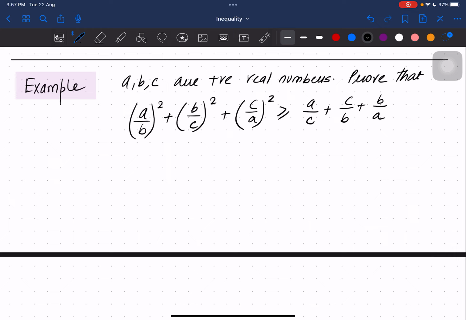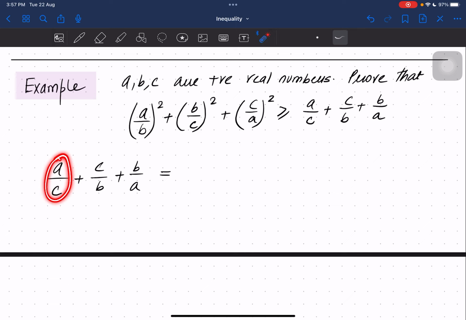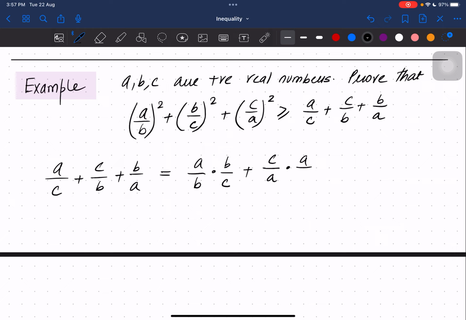So what I can do is, if I start with the right hand side, because that will be the left hand side of the Cauchy-Schwarz inequality, I can multiply up and down by b here, up and down by a here, and up and down by c here. Then I have a by b times b by c plus c by a times a by b plus b by c times c by a.